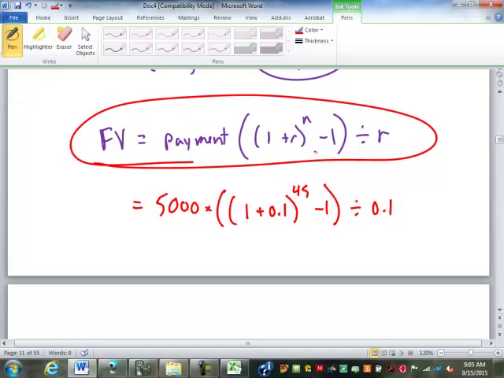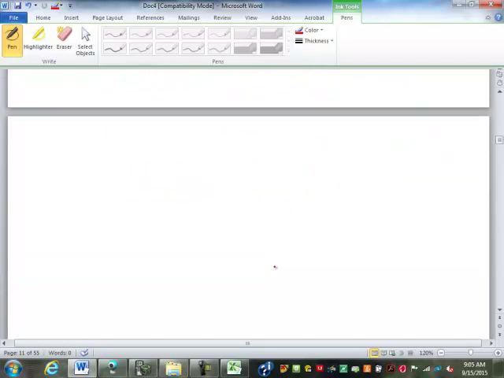Now the other side of that would be using the same type of a formula to figure out what your payments would be on a loan. Now since you're looking at making monthly payments most likely, the formula is going to be a little bit more complex.